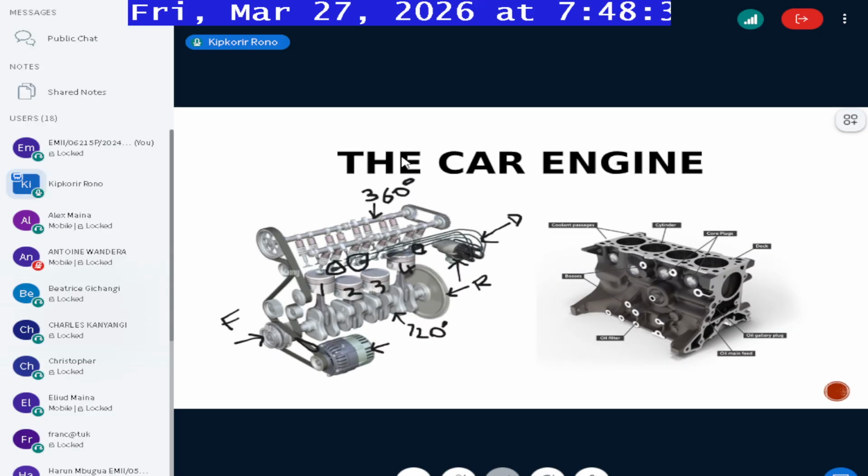But for a four-stroke engine, one stroke, that is a rotation of the crankshaft by 180 degrees, pushes the piston from TDC to BDC and vice versa. Remember, a stroke is movement from BDC to TDC and vice versa.